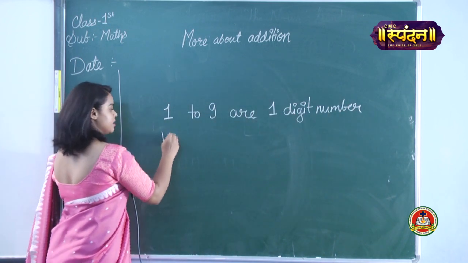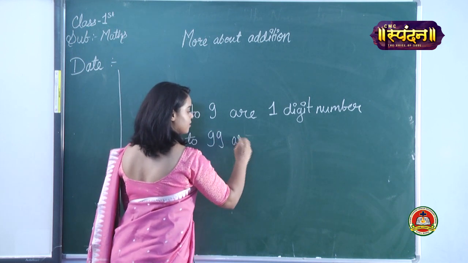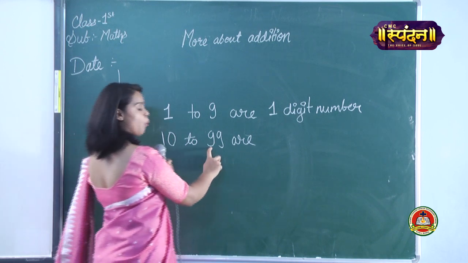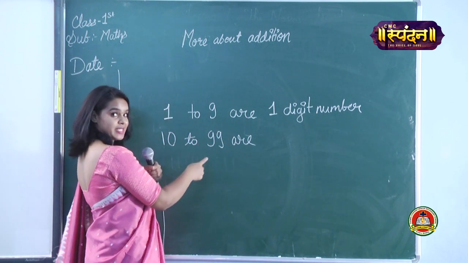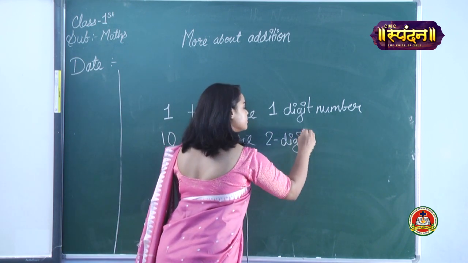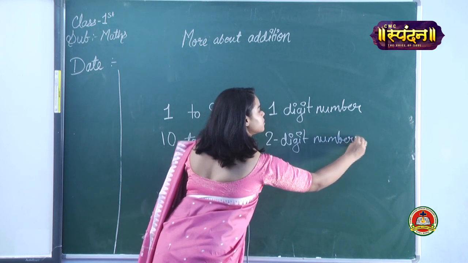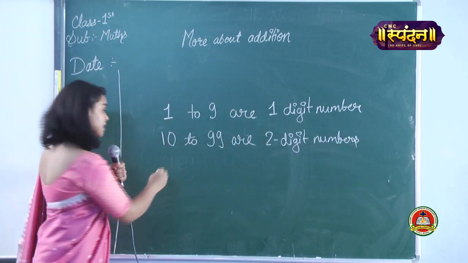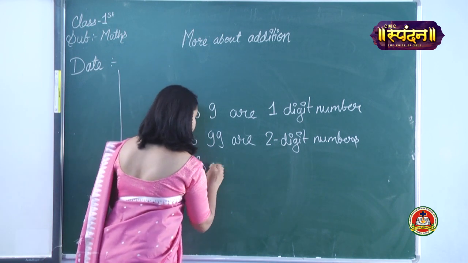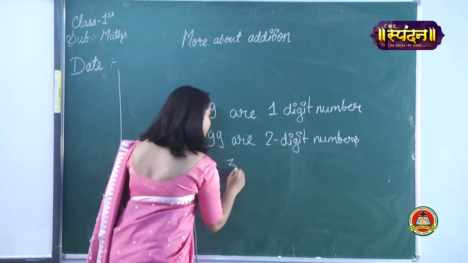And 10 to 99 are how many digit numbers? 1, 2. This is also 1, 2. So 10 to 99 are 2 digit numbers. Now 100 is a 1, 2, 3. It's a 3 digit number.